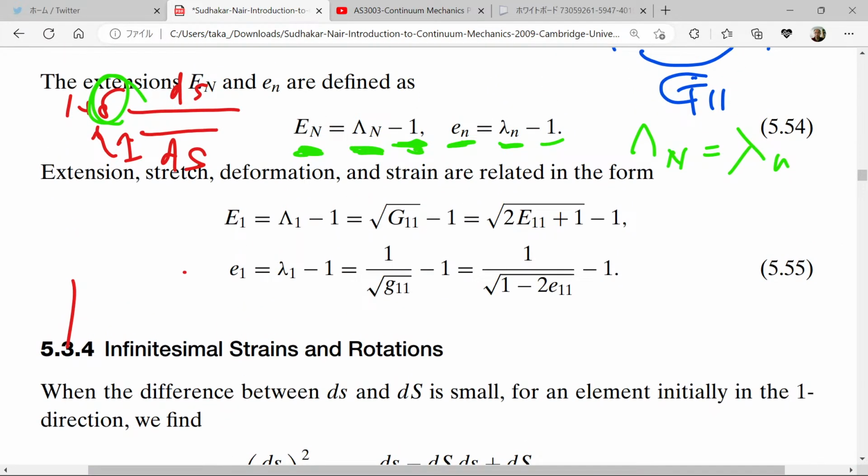Anyway, so then extension, stretch, deformation, and strain are related in this form. Extension, stretch, this is deformation and strain. Extension, deformation, stretch, deformation, strain.